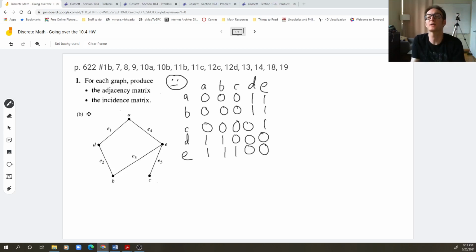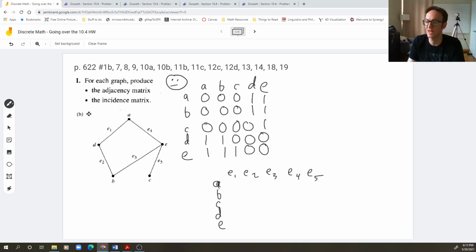Well, what is the incidence matrix? This is just meant to introduce this concept to you sort of loosely. In an incidence matrix we have, let's see, is there a particular order that he wants us to do it in? I guess it doesn't really matter, but C, D, E, and then up here we have the edges, E1, E2, E3, E4, E5. Well, I guess there's not that much work to do because there's so few edges. What is edge 1, I guess?